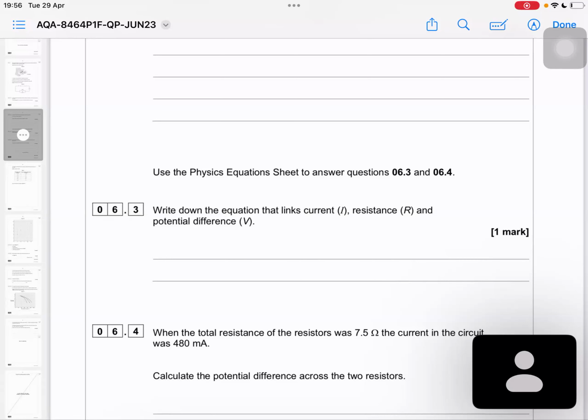It now says calculate the potential difference across the two resistors.